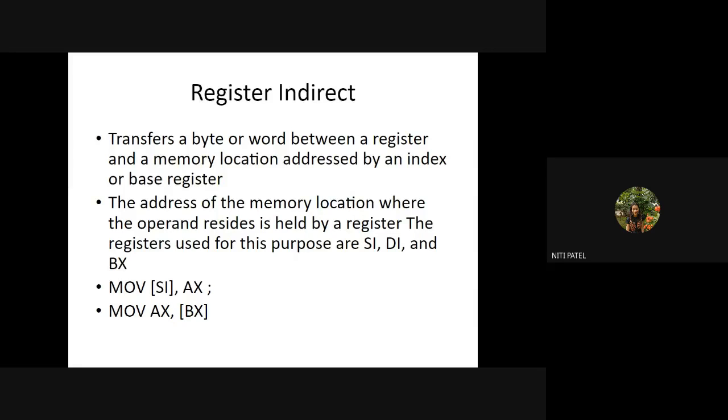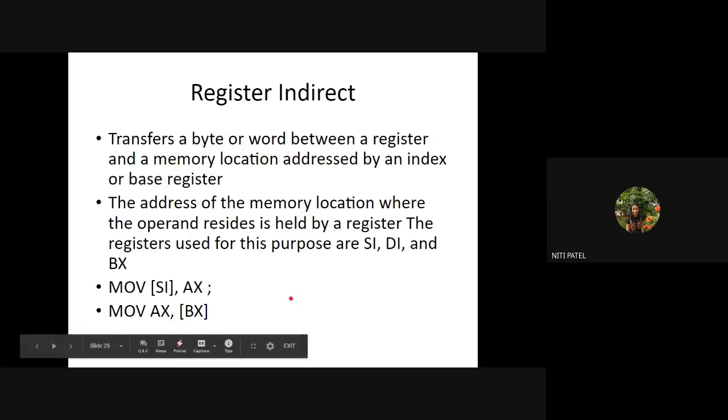Will you tell me this is register indirect? No. This will be register direct, because first I checked, it does not have a base register, it neither has an index register, so it is not register indirect. But since both of them are registers, it is register addressing mode. Are you understanding? Yes, ma'am.